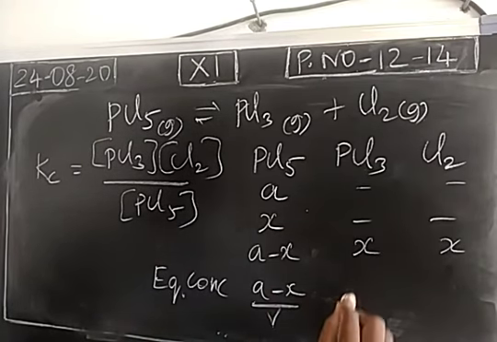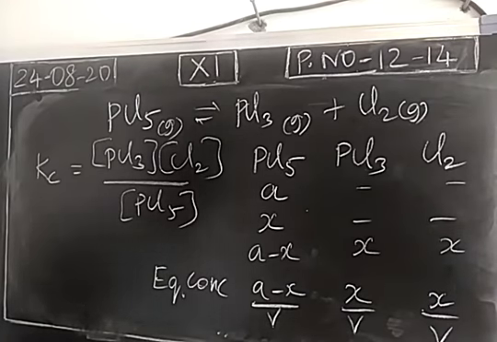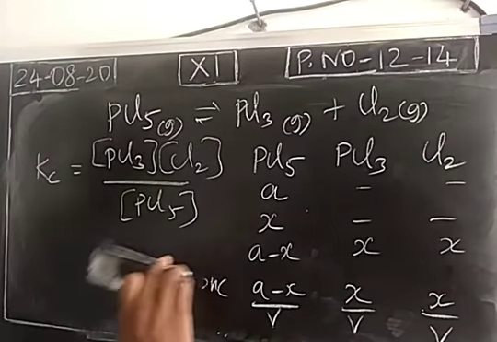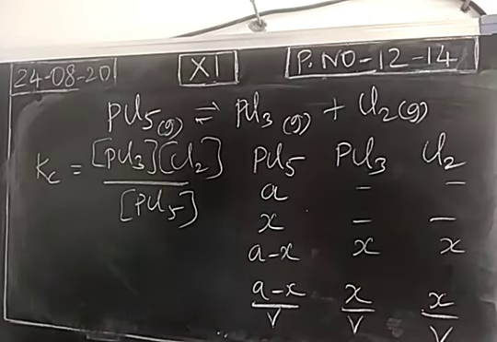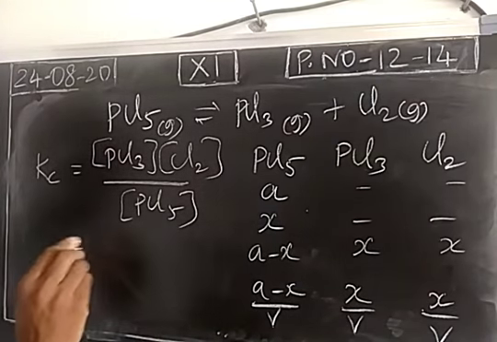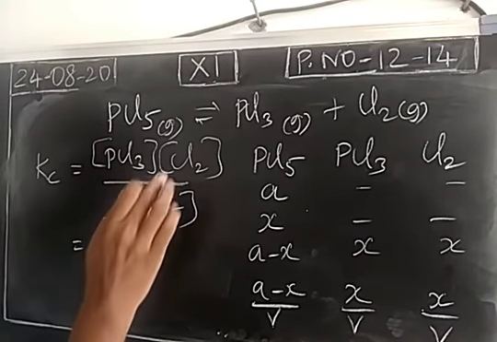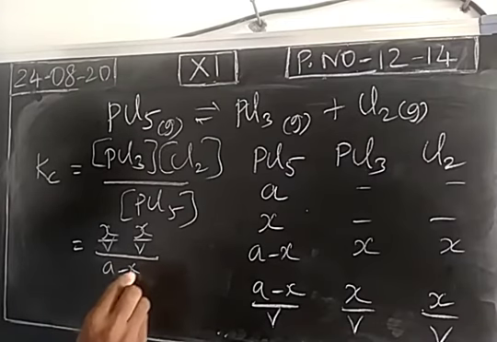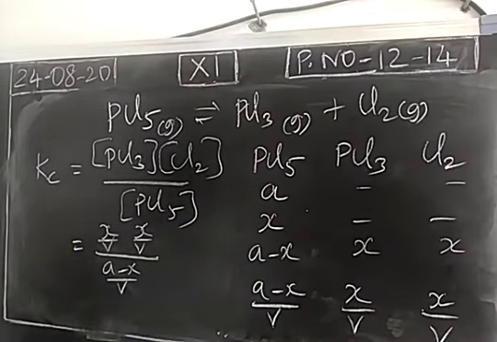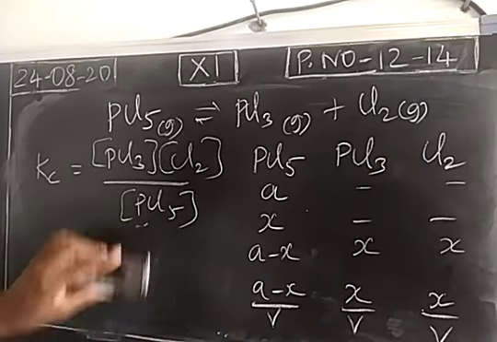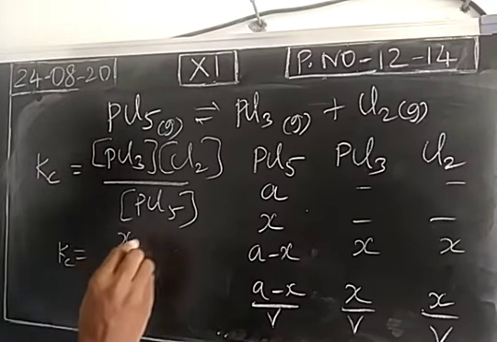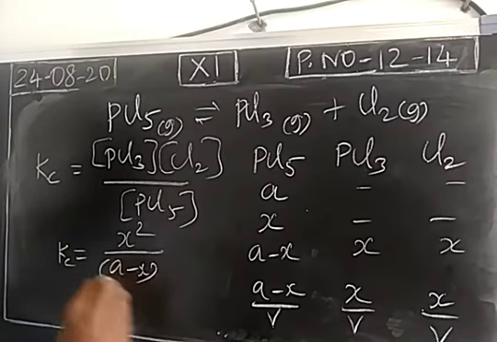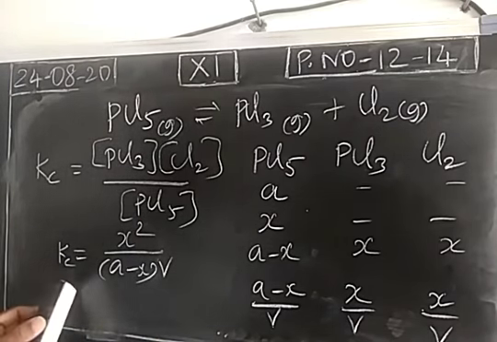So A minus X by V, X by V, X by V. At equilibrium, the concentration of reactant is A minus X by V, and of products X by V. Now substitute the concentration terms in the formula and you will get Kc: phosphorus trichloride X by V, chlorine X by V, divided by phosphorus pentachloride A minus X by V. So we get Kc equals X square divided by A minus X into V. So this is the Kc value.